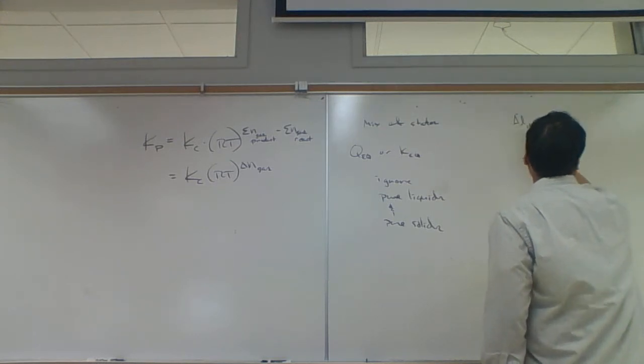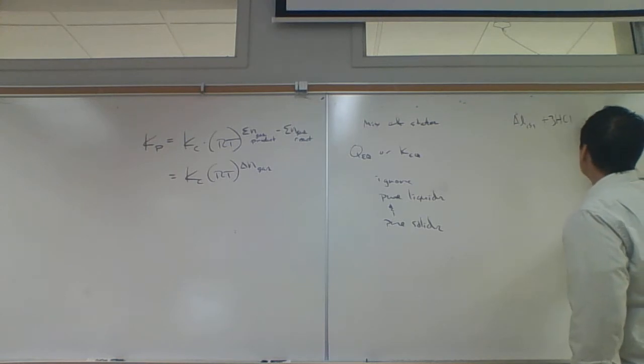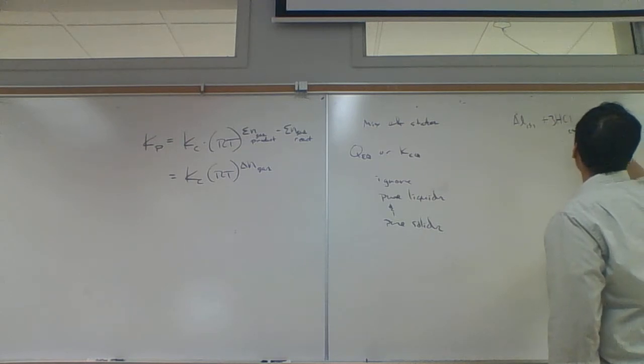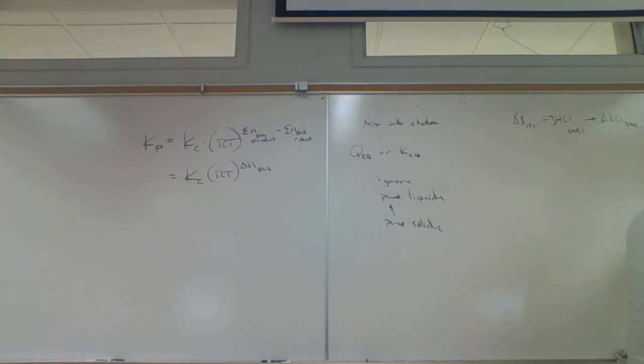And so for example, if I'm looking at this reaction, aluminum plus 3 HCl, that's going to give me aluminum chloride, this is aqueous, plus 3/2 H2 gas. And this is heterogeneous because I have a mix: solids, aqueous, gas. I could have liquids in there, same type of deal.